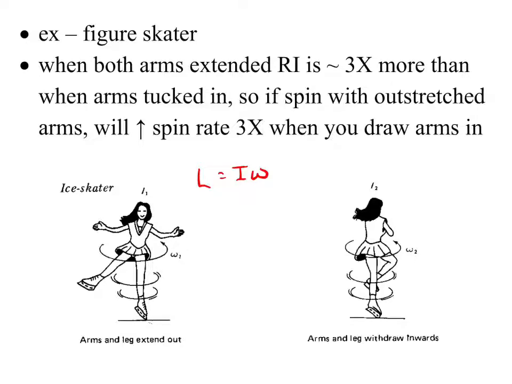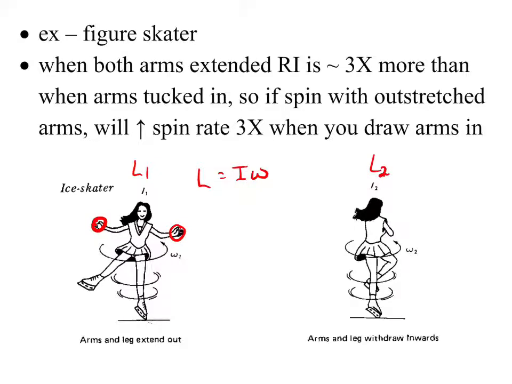And therefore, by the ice skater bringing their arms in, tucking them in, the ice skater can get a much, much larger rotational velocity, but then their rotational inertia goes down, keeping that rotational momentum exactly the same. So the rotational momentum at this point is equal to the rotational momentum at that point.